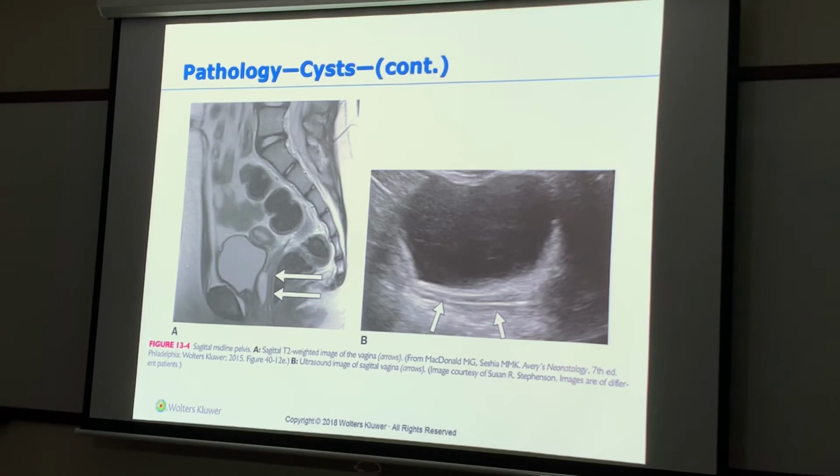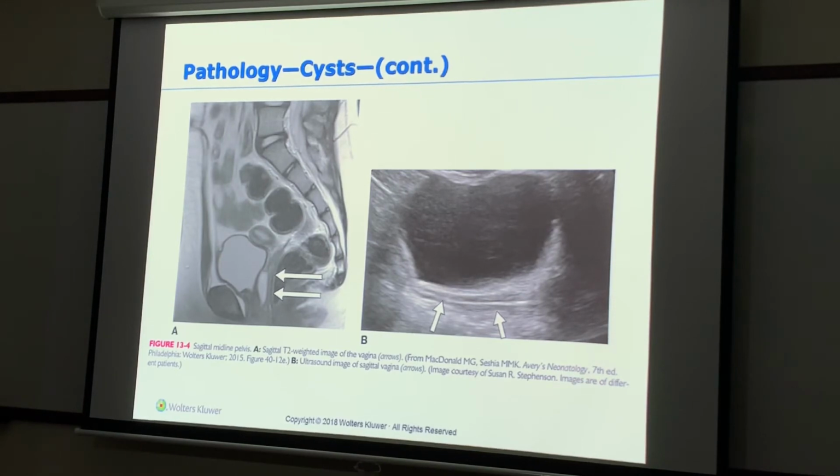Okay, this fine line that you see here, they tell us down here that we're looking at a sagittal vagina. What are some of the pathologies that are part of the vagina? I can think of two right off the bat. Imperforated hymen.